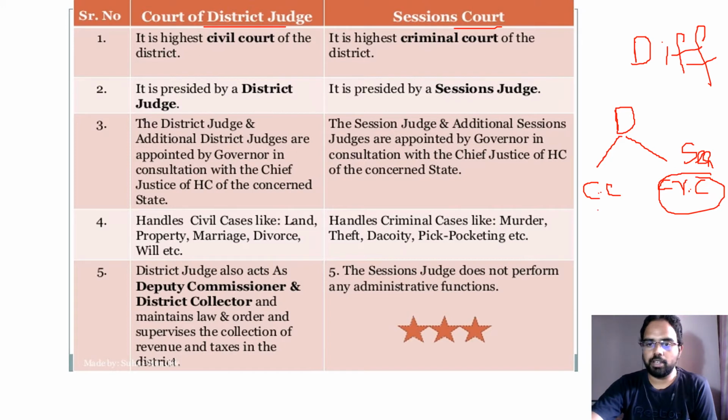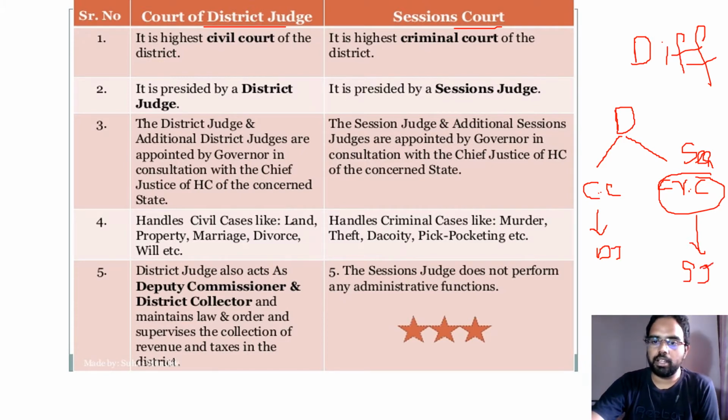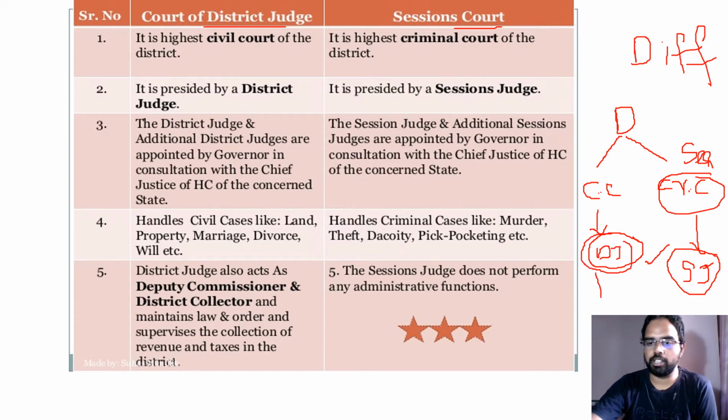The civil court is headed by the district judge and the sessions court is headed by the sessions judge, and the district judge and sessions judge are both the same person. Whenever a civil case comes to a district, the judge takes the responsibility of a district judge.